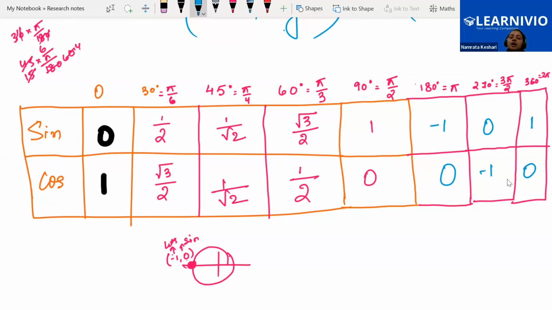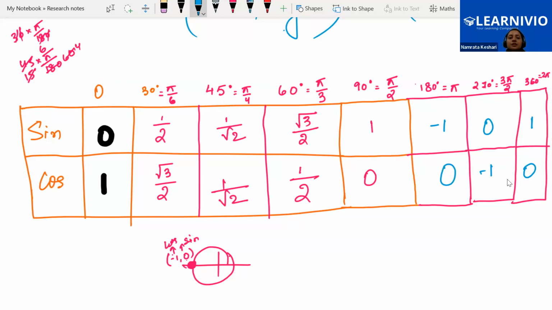This is how we will be calling the same angles which we already know in degree. Now from sine and cos, we can take out any value: tan, cot, sec, cosec. So please note down this much and extend the table at your home.